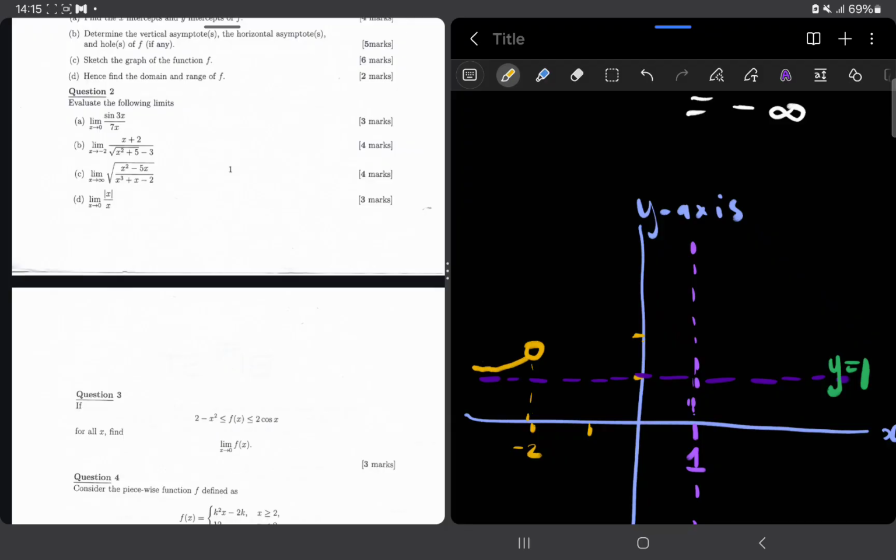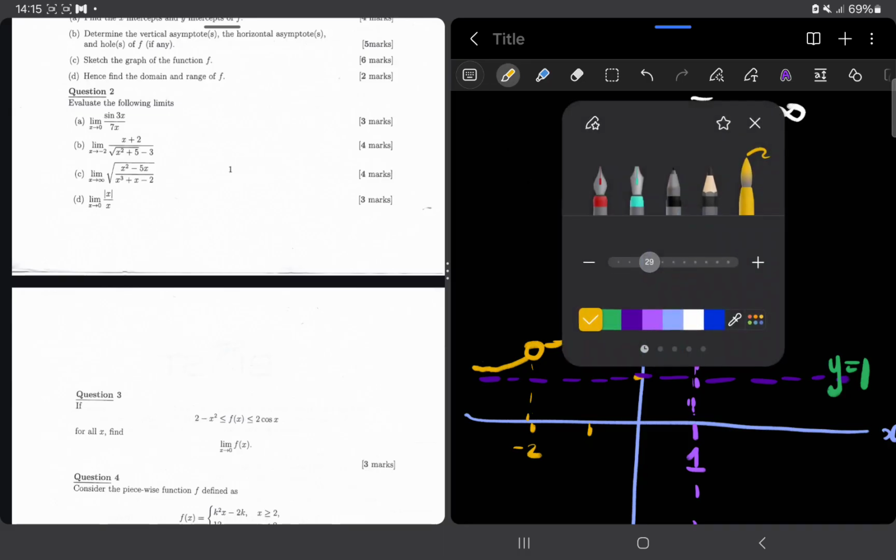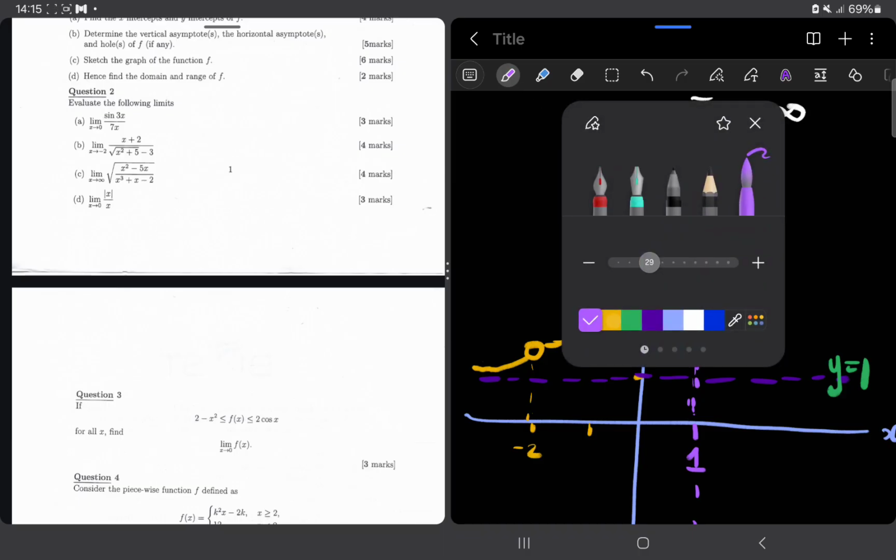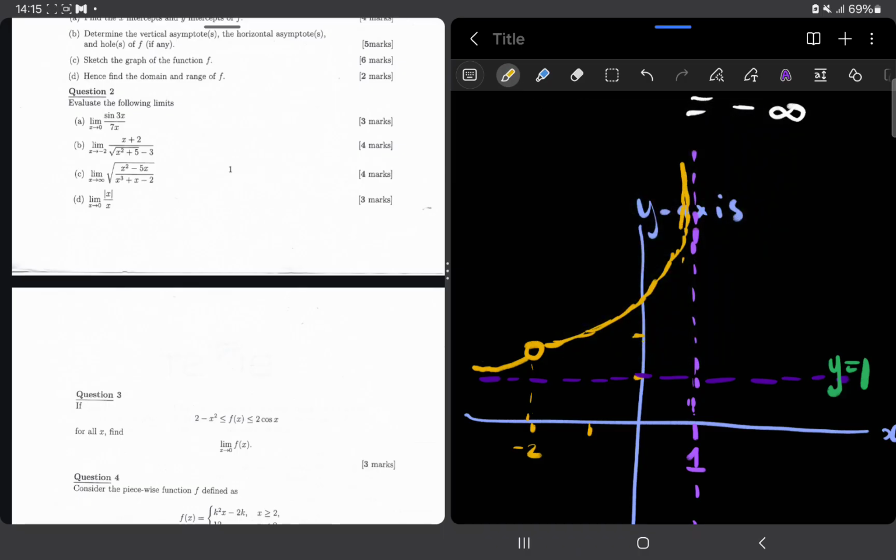Then it curves, going towards positive infinity, like that.